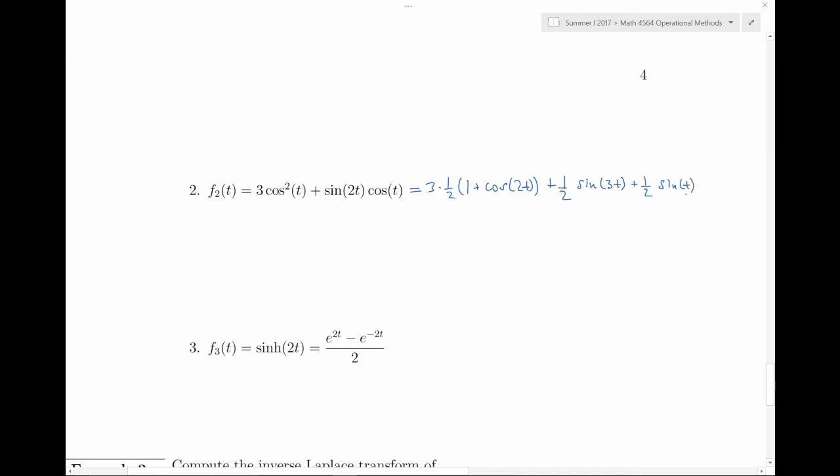This is a trig formula that says that the product of sine and cosine, so you have a sine of alpha times cosine of beta, well, that's simply 1/2 of sine of alpha plus beta plus sine of alpha minus beta.